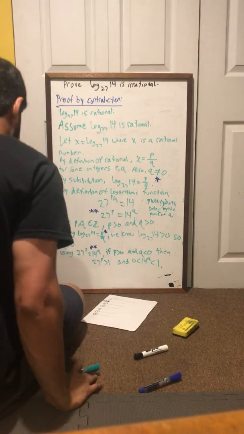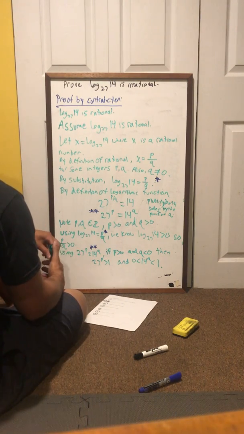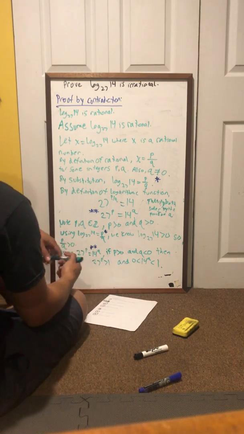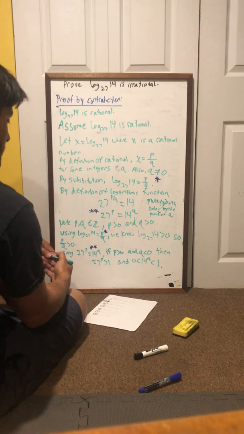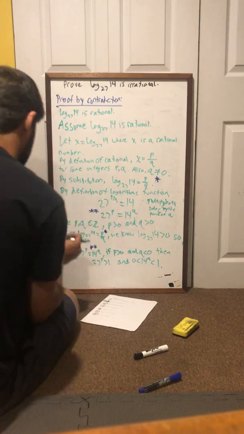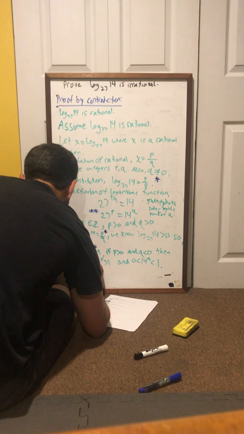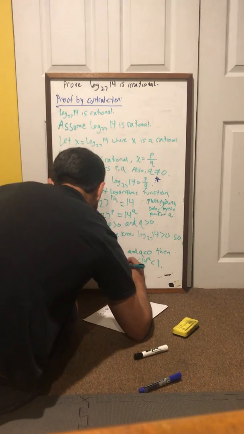So we know that this has to be a contradiction because p and q have to be the same sign if p over q is greater than 0. So we're going to write that. This is a contradiction.